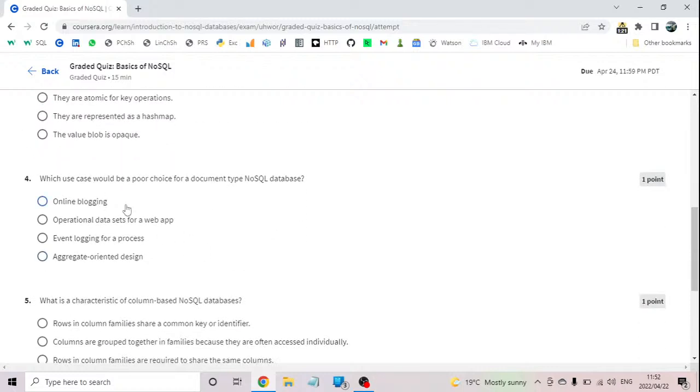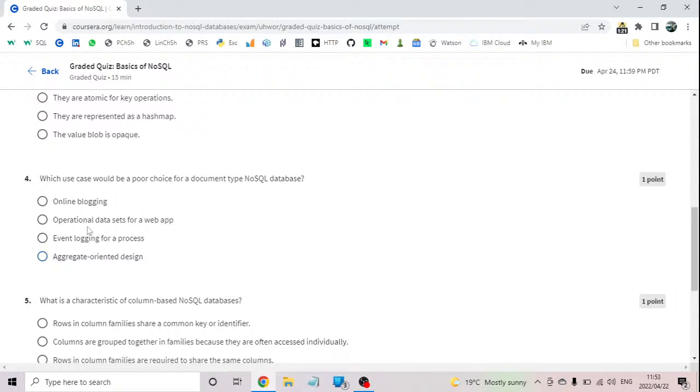What use case would be a poor choice for a document type? Probably atomic transactions or something.